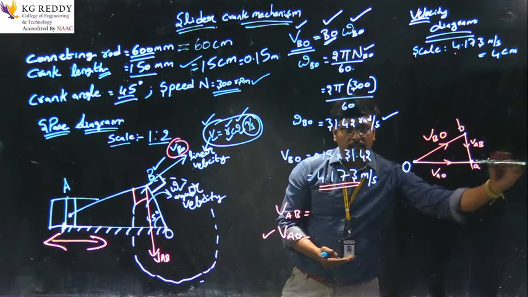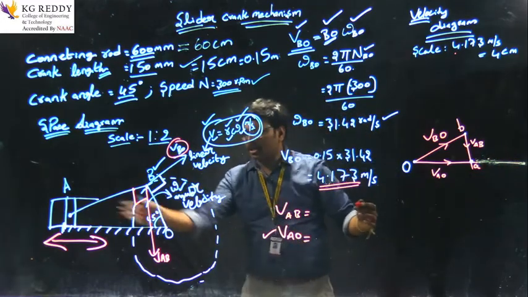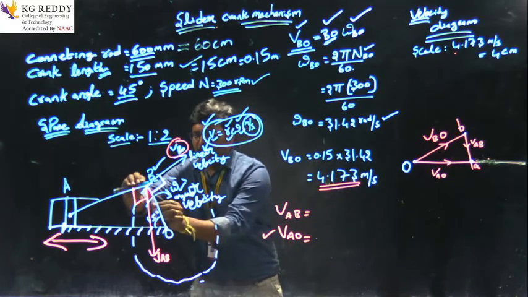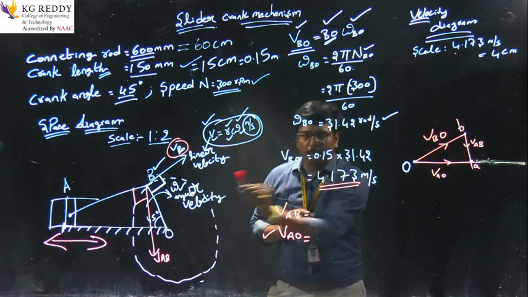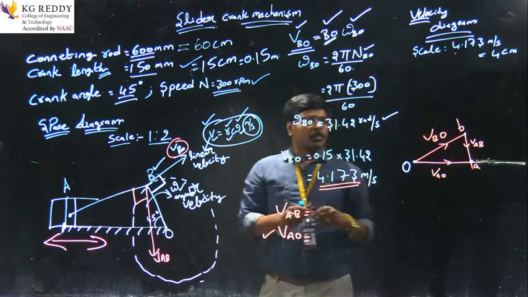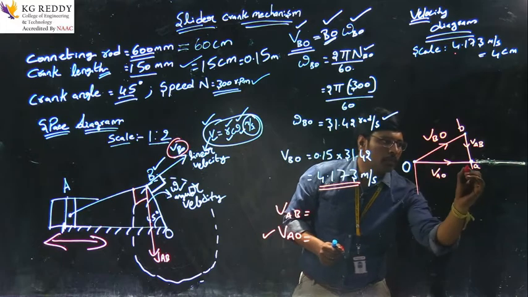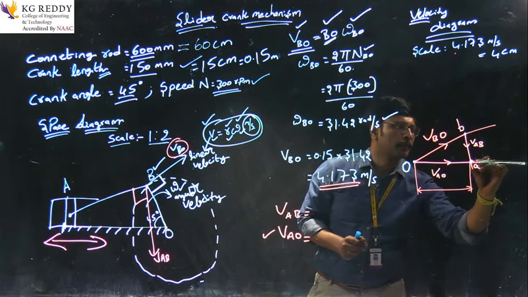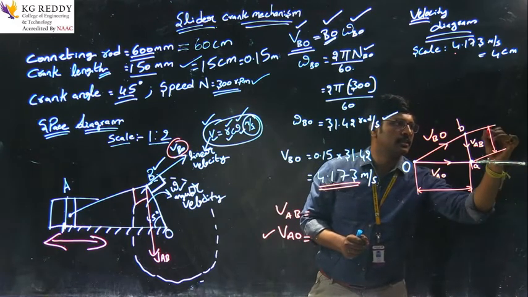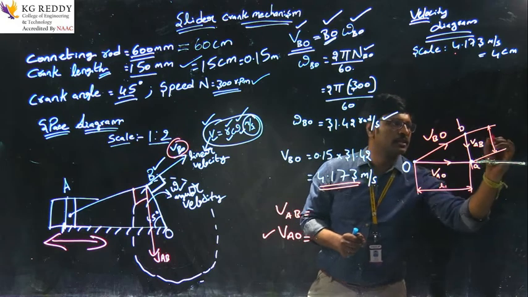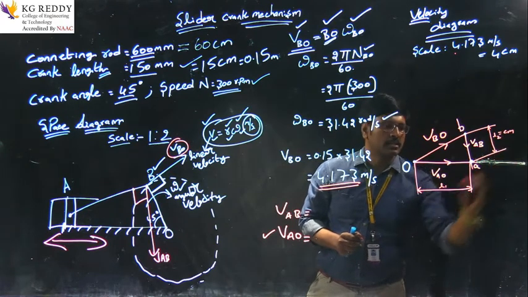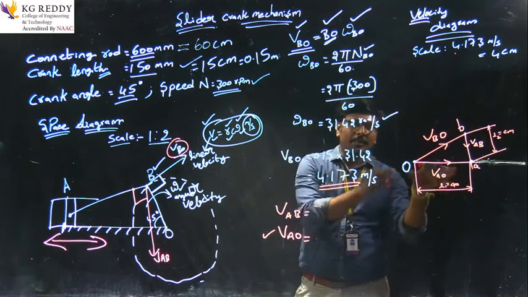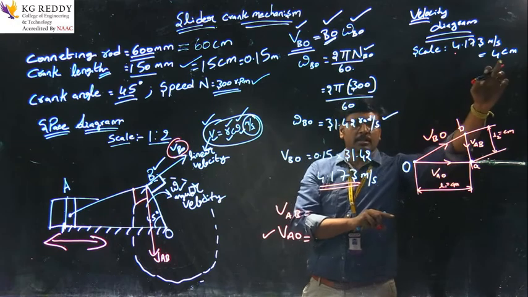And this is perpendicular to the connecting rod, so I am taking a perpendicular here. After measuring this length, say it is L1 and L2, it is in centimeters, right?